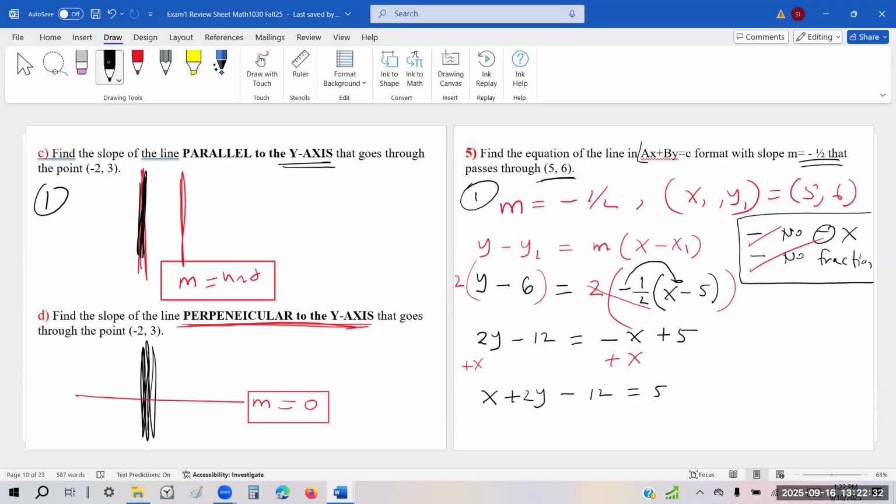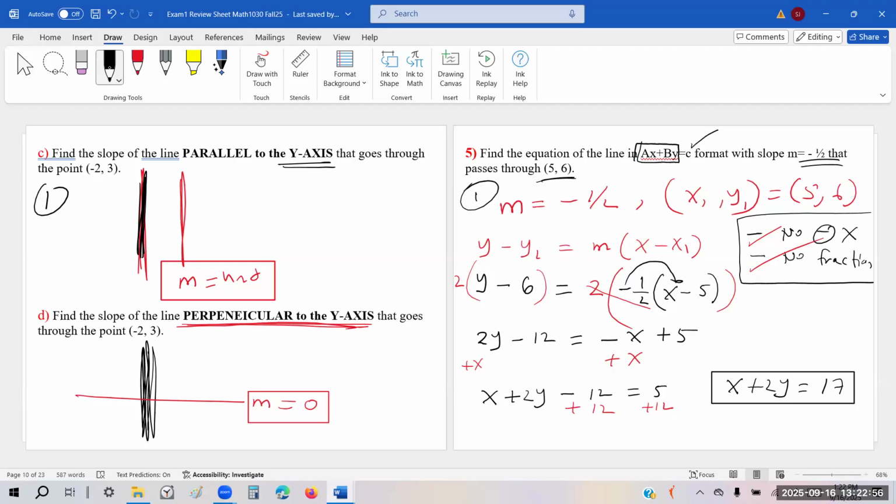But it says x and y should be together, and a constant should be on the other side. So now I need to add the 12. So x plus 2y equals, and now we satisfied all conditions.